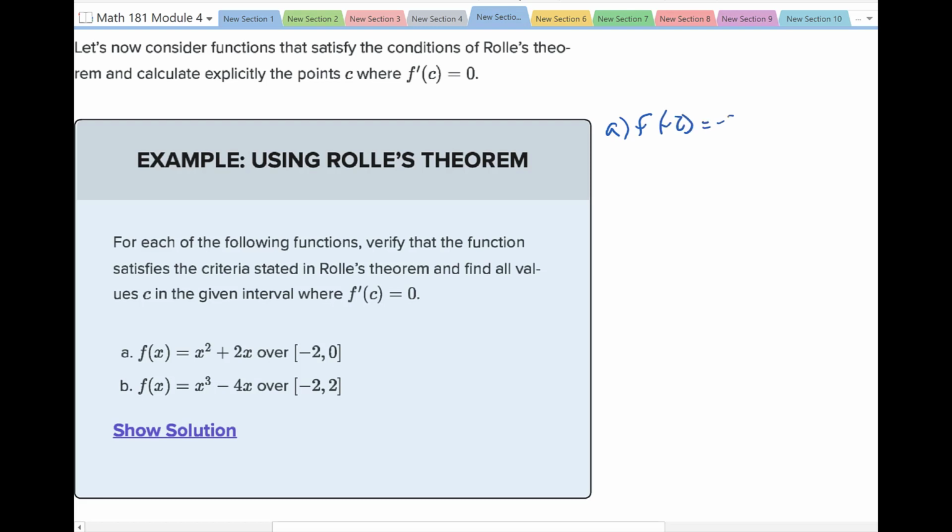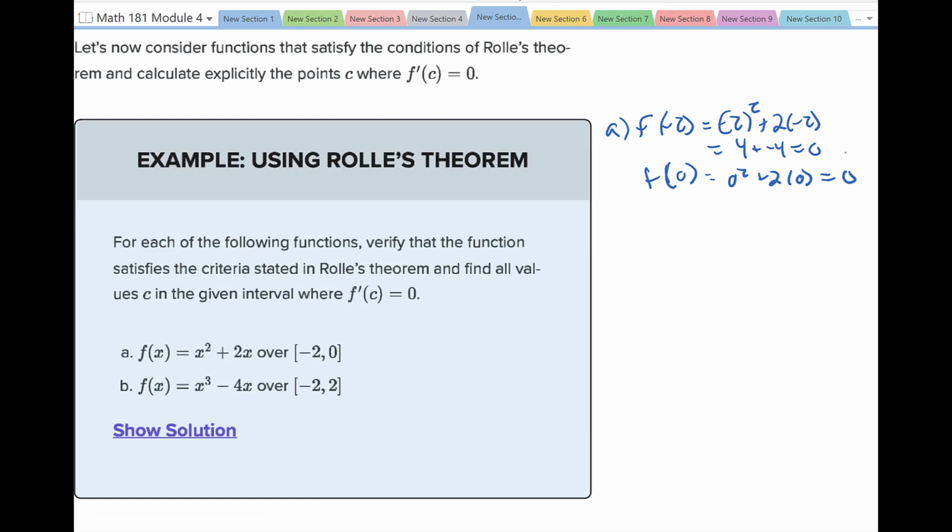That's going to be negative 2 squared plus 2 times negative 2, and that's 4 plus negative 4, which is 0. And then f of 0 is going to be 0 squared plus 2 times 0, so that's 0. Therefore, there should be a place between negative 2 and 0 such that the derivative is 0.